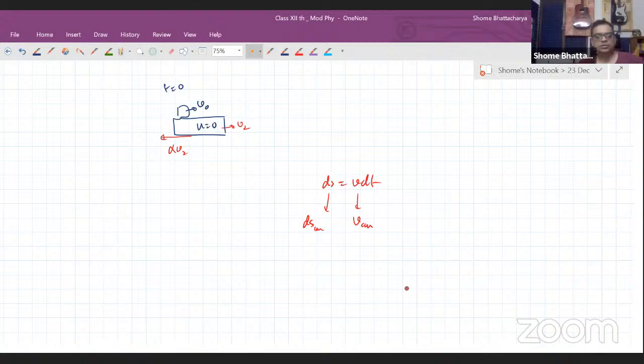So I think this will become a little complicated, because if we try to apply it to the lower block, then we'll have to take the frictional force into account. So it might give us a simpler way of calculating that displacement as 3 by 8 v naught square by mu g, but it will not really give us anything further.